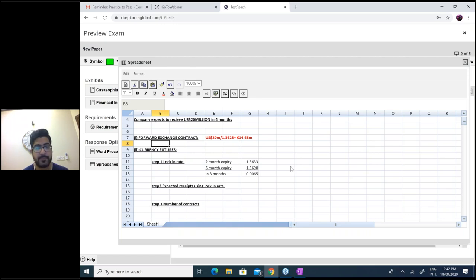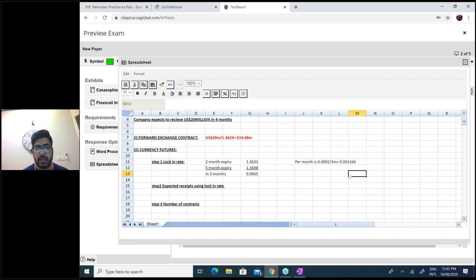So if it's increasing by 0.0065 in 3 months, per month it is 0.0065 over 3 months, which equals 0.002166.